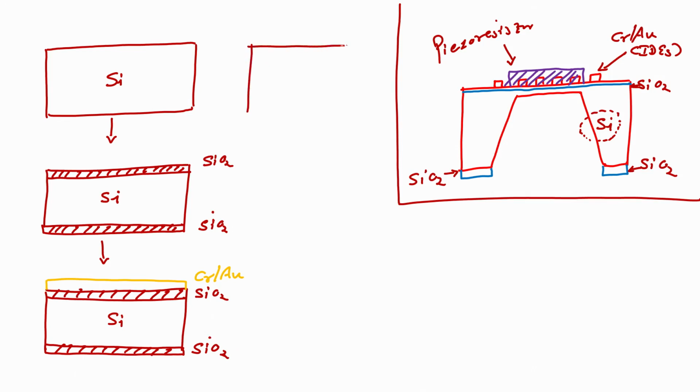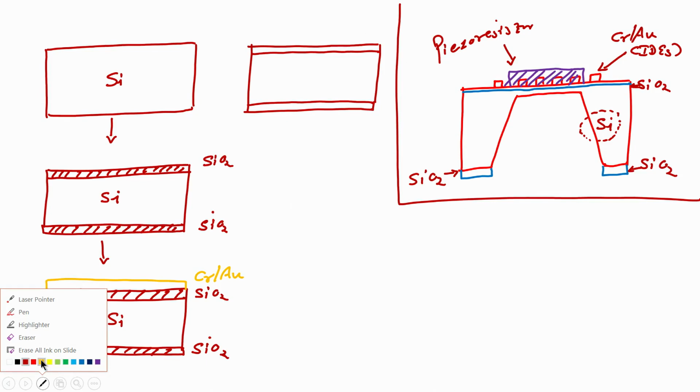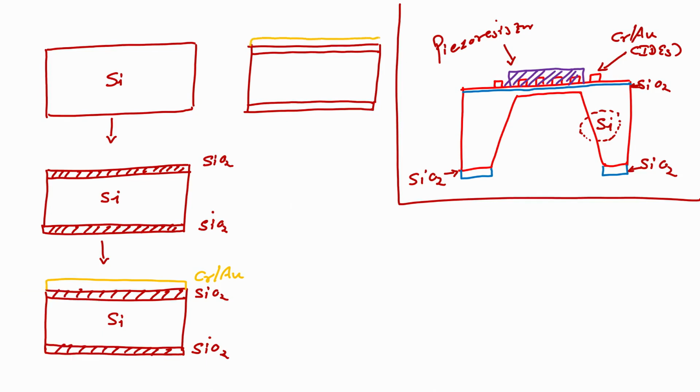in the next step I have to spin coat photoresist. Let us use blue color to show our photoresist, and let us use this pattern.